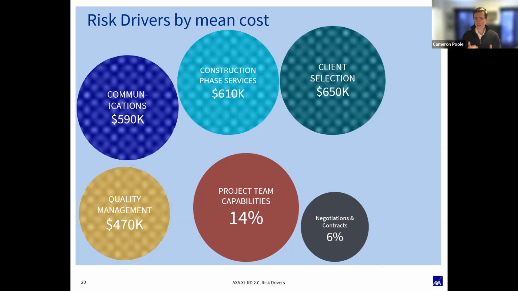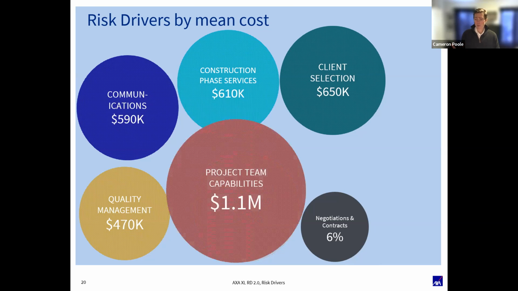Any guesses on project team capabilities, higher or lower in terms of the cost of a claim where you don't have the right people on the project? That one's higher, a lot higher. So it's really important to have the right people on the project. You can look at a circumstance where maybe you're doing a high-end custom home on the coast somewhere, right?